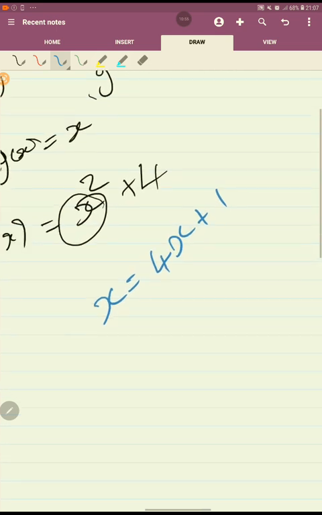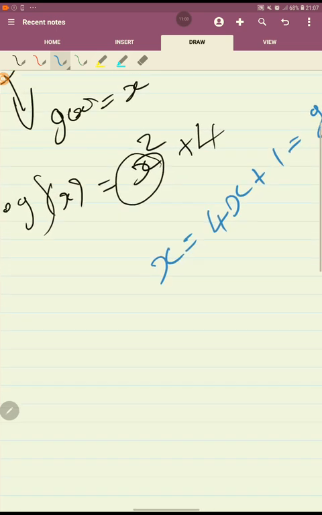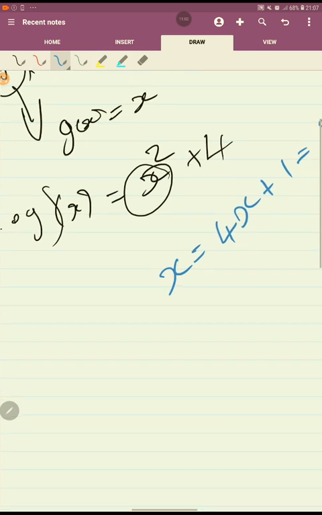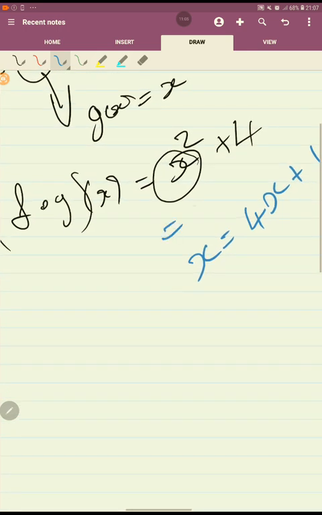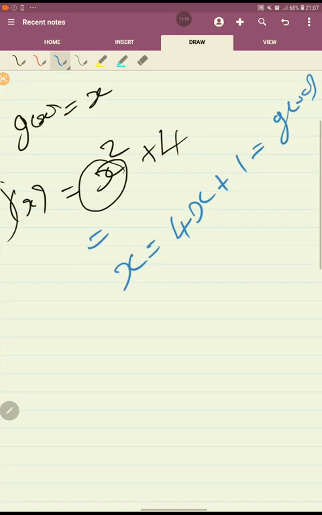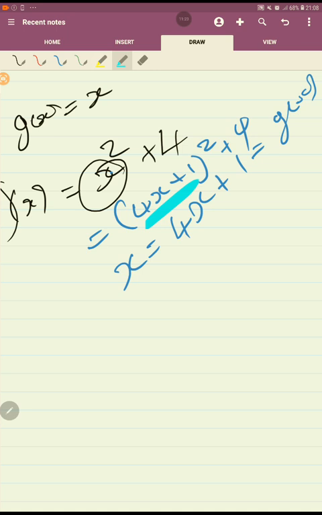That is the value of g at x. We substitute that into f as g, so this equation is 4x plus 1 squared plus 4. This is the composite function. Alright, that is it for this tutorial.